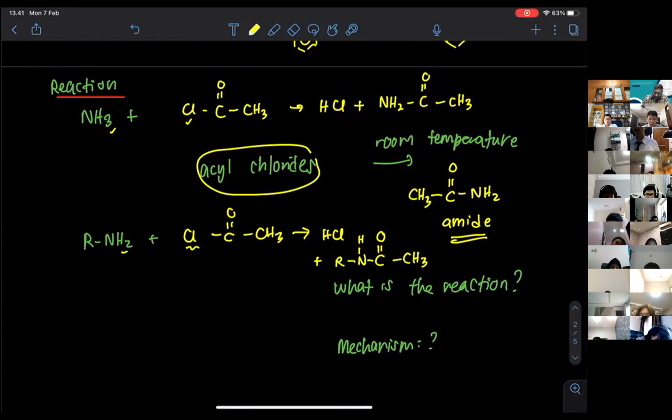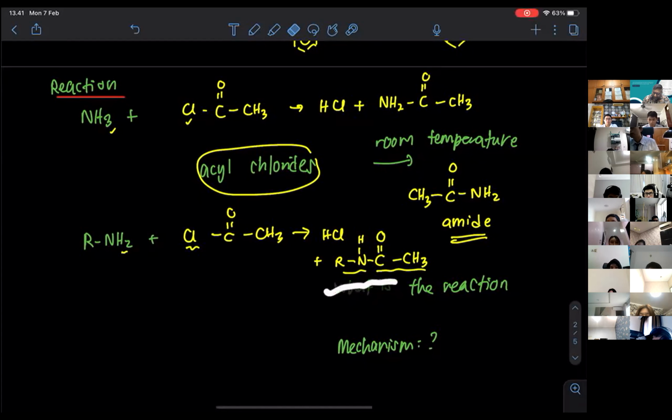As long as they have this, this is a substituted amide. So if they ask you what this reaction is, this is the reaction to form amide. As for the mechanism of the reaction, in this case there's no special name for this.